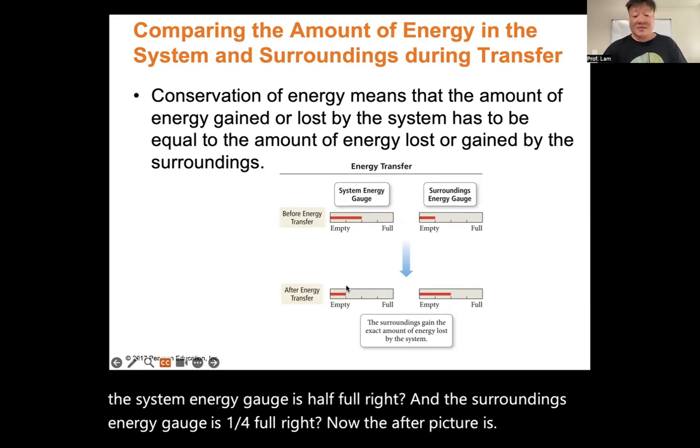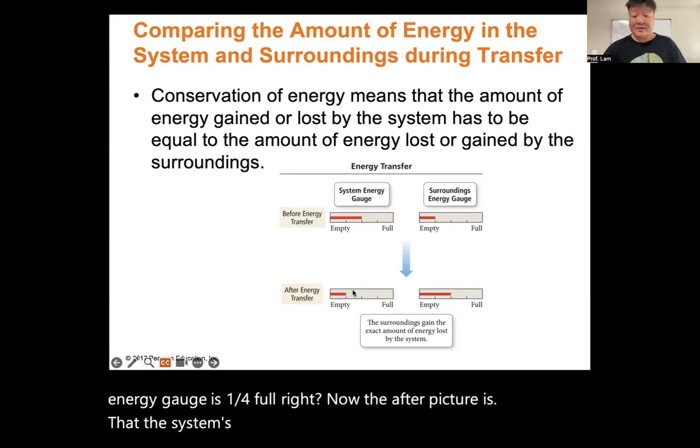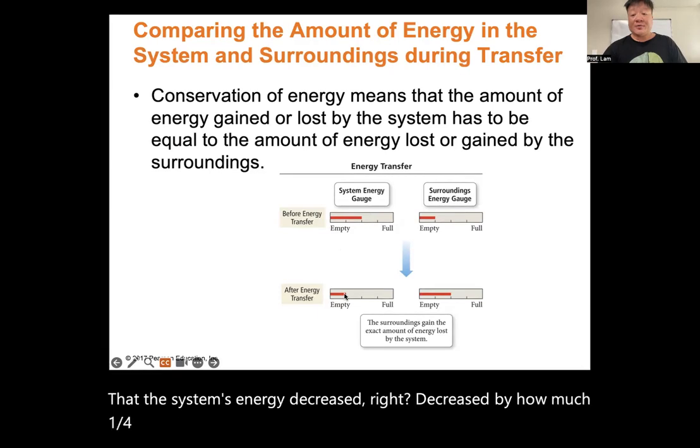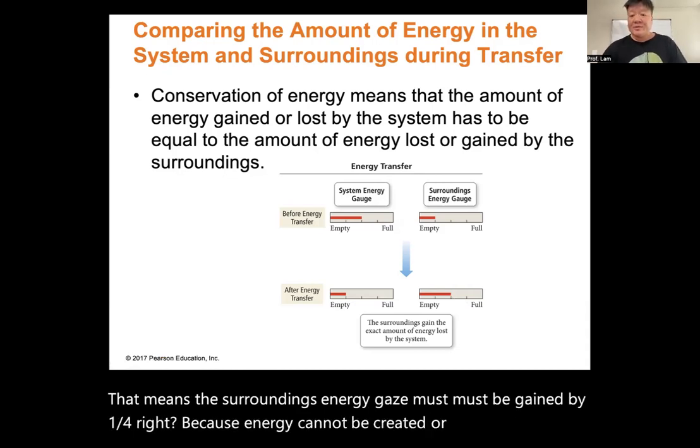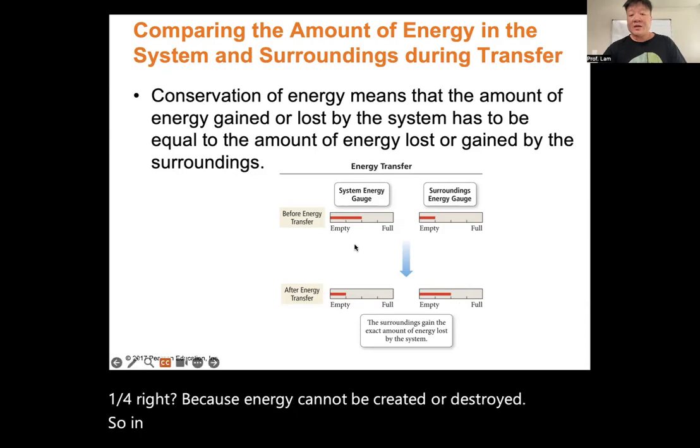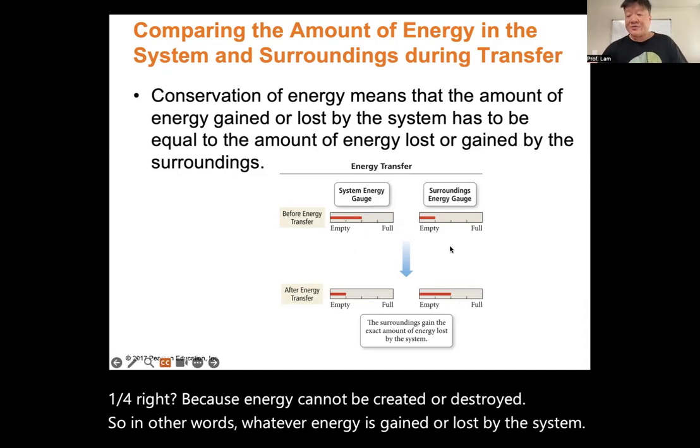that the system's energy decreased. Decreased by how much? One quarter. So that means the surroundings' energy must be gained by one quarter, because energy cannot be created or destroyed. In other words, whatever energy is gained or lost by the system, the surroundings has to do the opposite.